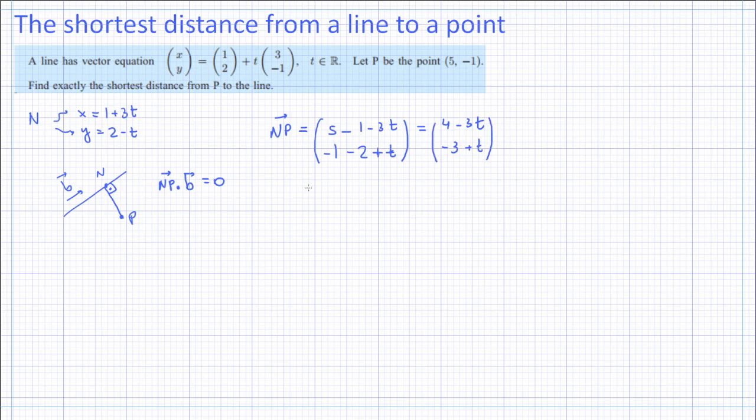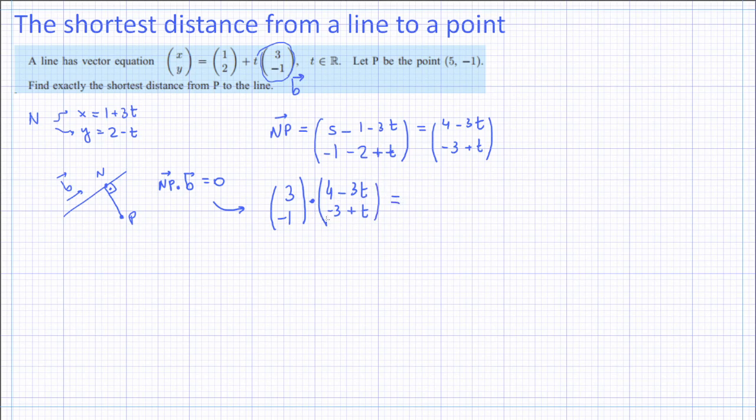Now, vector B is the direction vector of our original line, so (3, -1). If we make the dot product, we just multiply the coordinates with 4 minus 3t and negative 3 plus t.